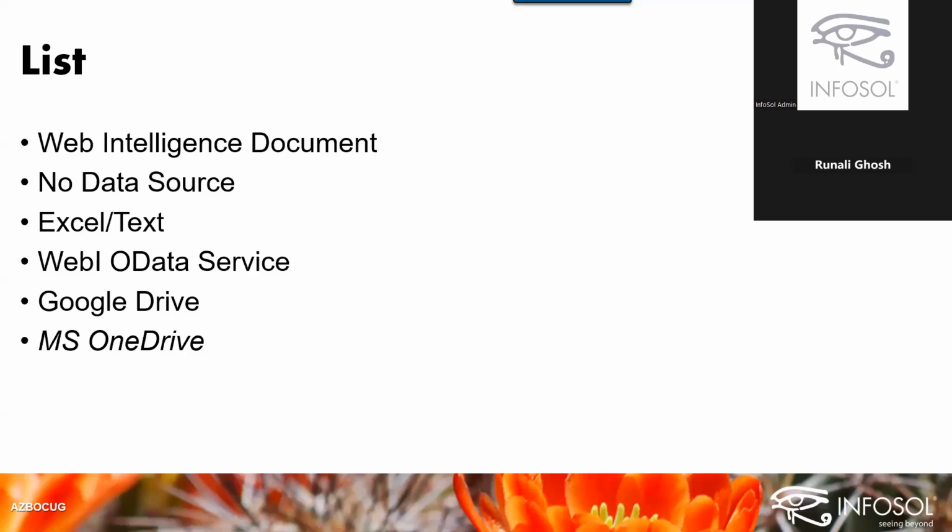But I'll talk about it briefly, just so everyone is aware of that. And then I'm going to talk about the OData service and the Google Drive. There is also OneDrive as a new source. I'm not going to show anything with that today, but I'm going to show you and talk about the rest of them.